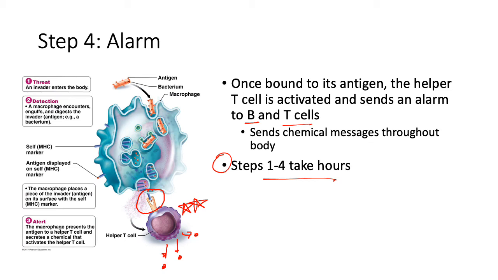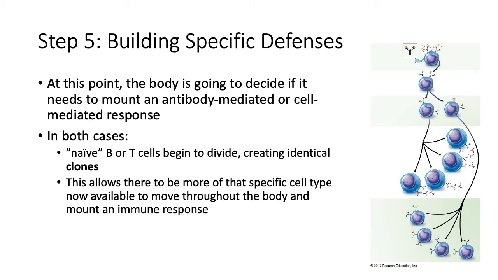But once these chemical messages have been released by the helper T cells, that's where we can decide what type of specific defense we need to react with. So at this point, our body's going to figure out, okay, do we do an antibody-mediated or a cell-mediated response?